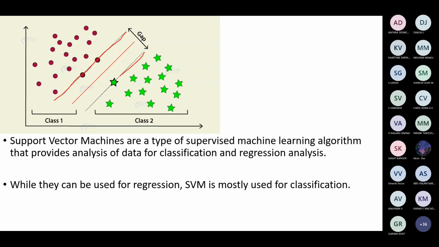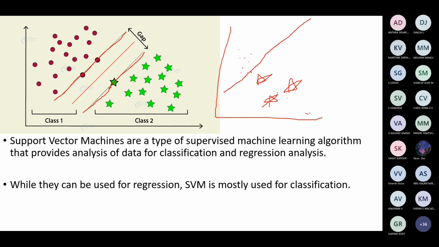For this example, only one data point is passing. Then I get this margin. Say, for example, I have a classifier something like this, and a classifier something like this. I will draw a hyperplane like this and a hyperplane something like this.